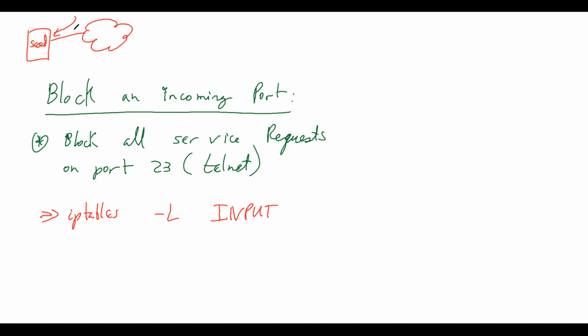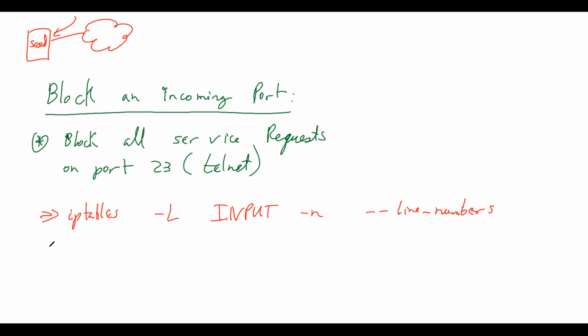Of course, you can be in your home network. You probably need a second computer, your physical computer. If you have PuTTY, you can use PuTTY, probably. Just change the port to 23. That should work as well. All right, so iptables -L INPUT -n, and then --line-numbers. And that will list out all the rules that you have in your input chain.